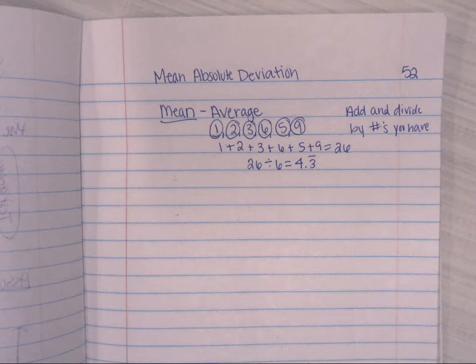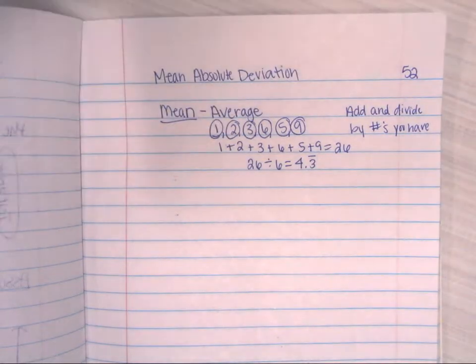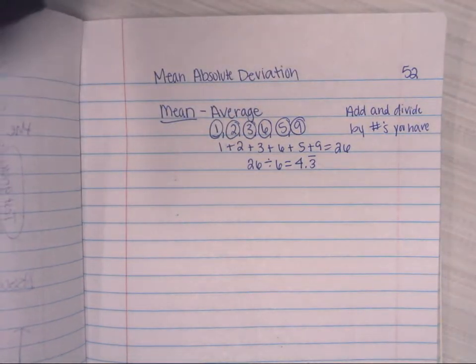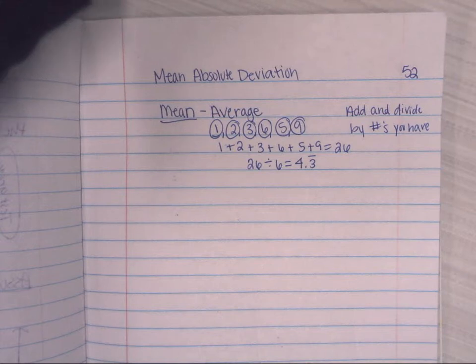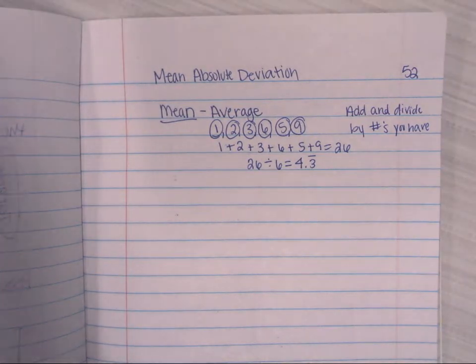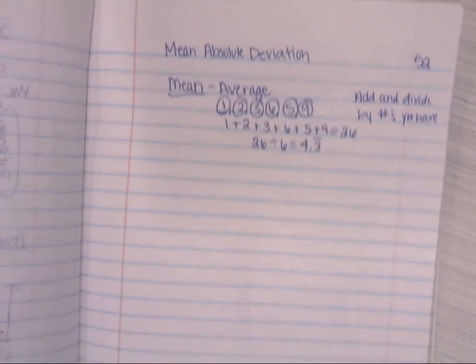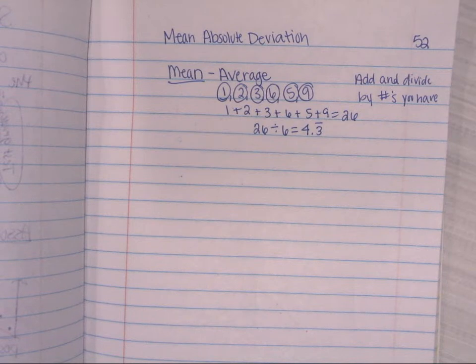It's just a measure of central tendency. It's a way to find the basic average, and how much it deviates from the mean.